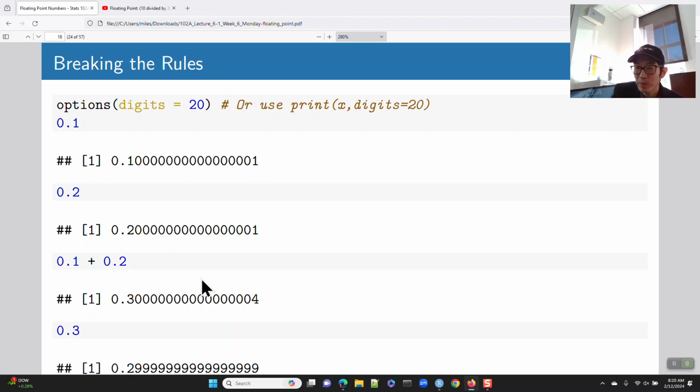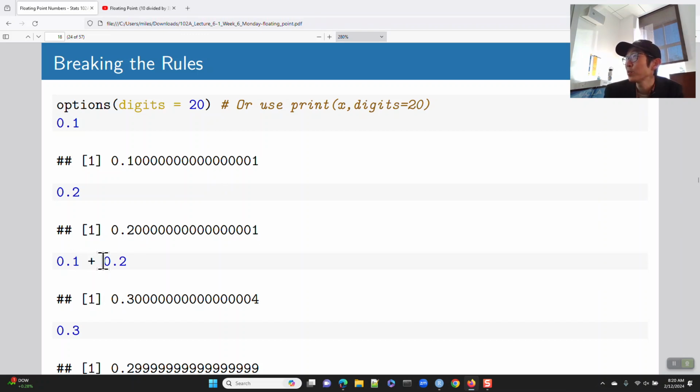You can kind of see what's happening if you change something to options digits equals 20, and you can say, okay, what is 0.1? When it's stored internally, 0.1 isn't actually 0.1. It's 0.1000000. The binary approximation for 0.1 is something like this. The binary approximation for 0.2 is something like this.